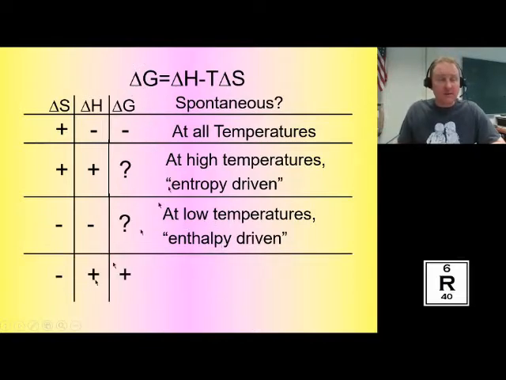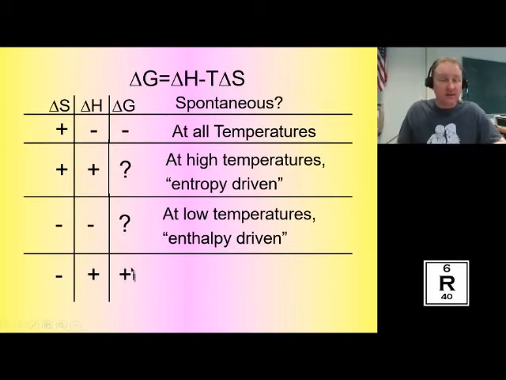In our last example, we said, okay, we've got a situation where we're becoming less disordered, and we are also endothermic. So it's adding energy and it's less disordered. And we said that this is not spontaneous.